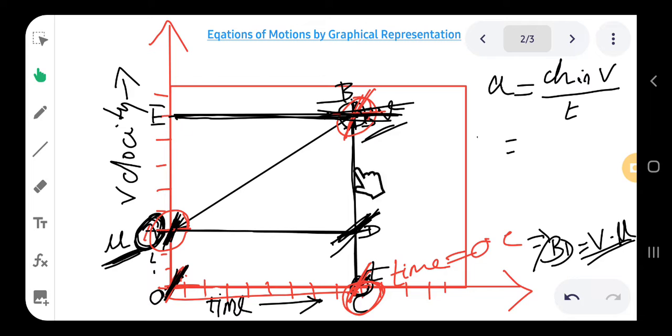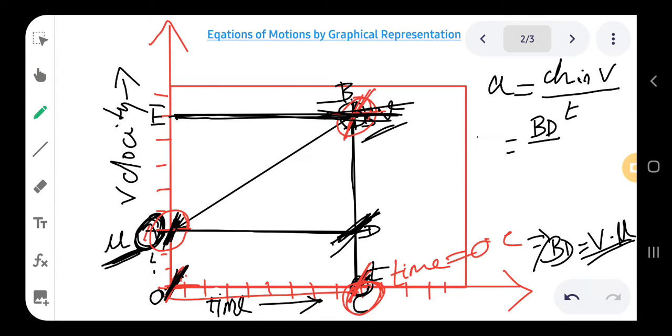My change in velocity is BD. From C to D it was constant, but from B to D it changed. That's why it is inclined. So I'll write BD divided by time, and time is our AD, the time taken.